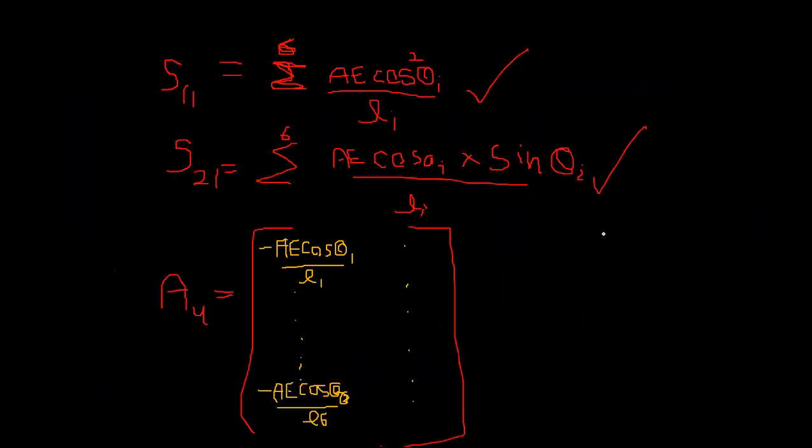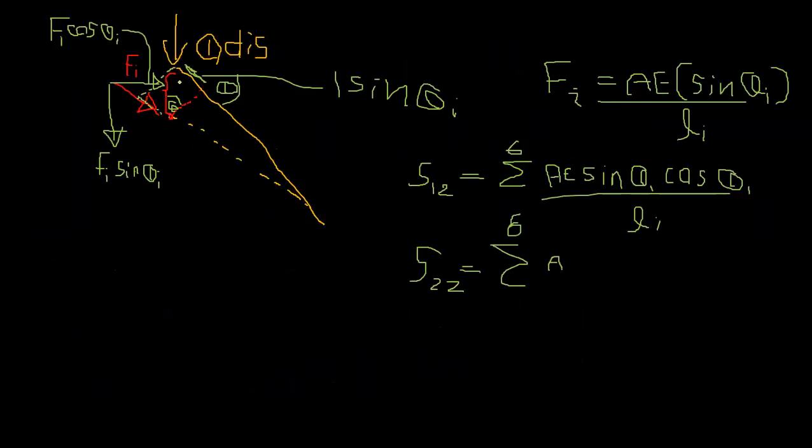Okay, keep in mind. So this is positive for the displacement sign convention, but the member force is compression. So that becomes a negative. Okay. So it is Fi sin theta. So that means this is sin squared theta i over Li.